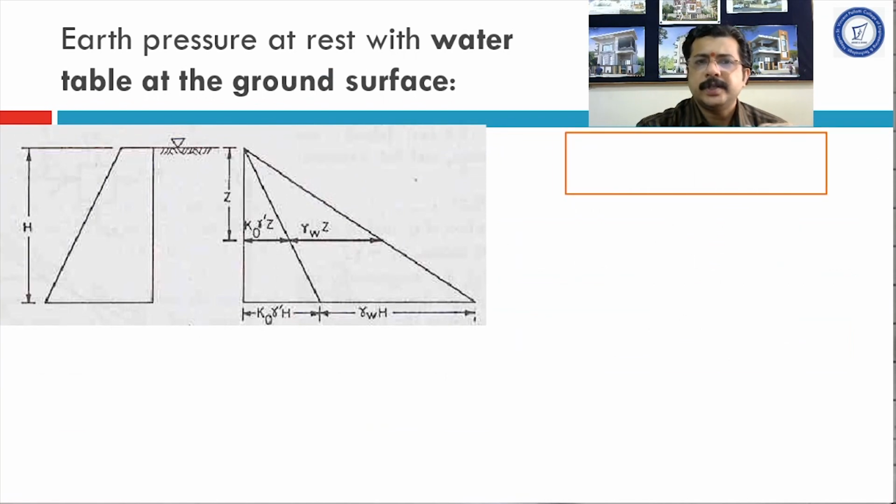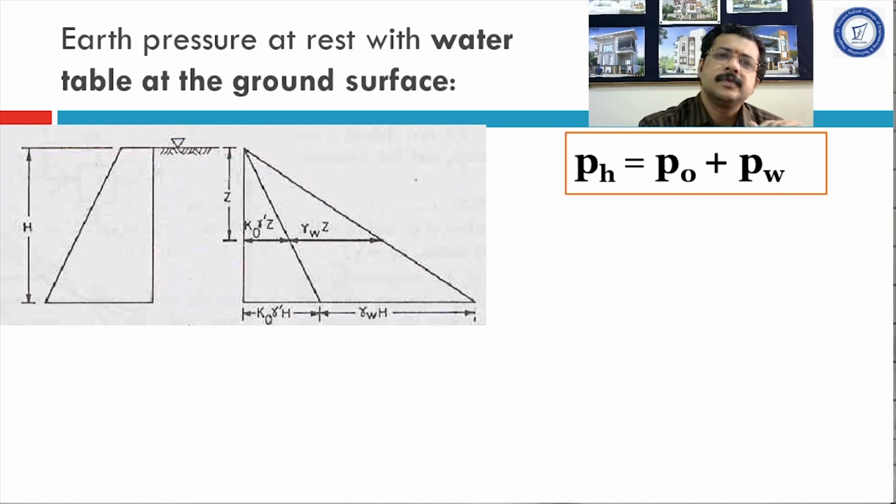Now there are situations when earth pressure acts when there is a water table. Okay, consider this diagram. This is again a retaining structure, this is a backfill, and this backfill is completely submerged. So this is the level of the water table. The water table is at the top of the ground surface.